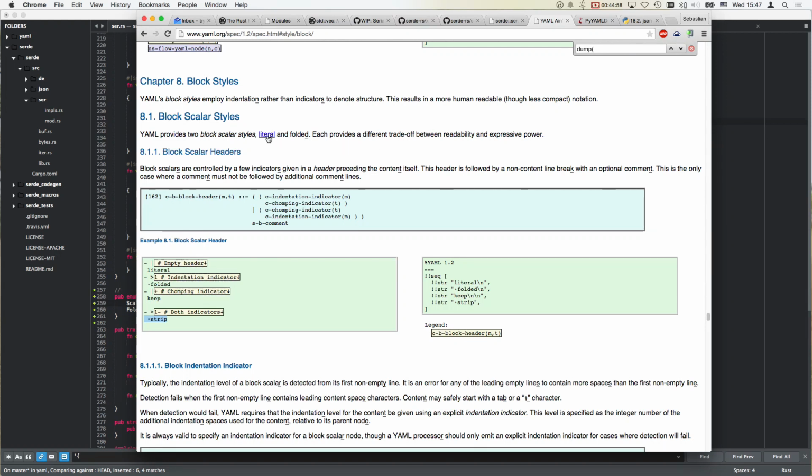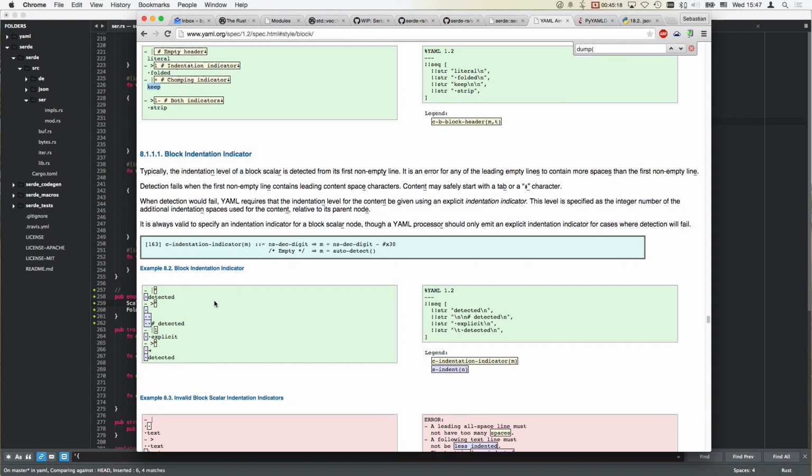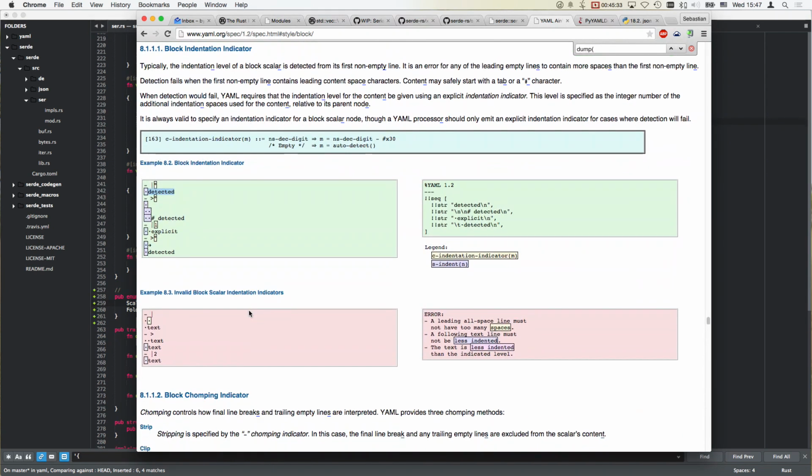Each provides a different, okay. So I guess, I mean, what's this here? Literal and folded, okay, that's a block scalar style. But keep and strip. And why is it dot strip and why is it just keep here? What's this? Maybe it's, yeah, I totally don't know.